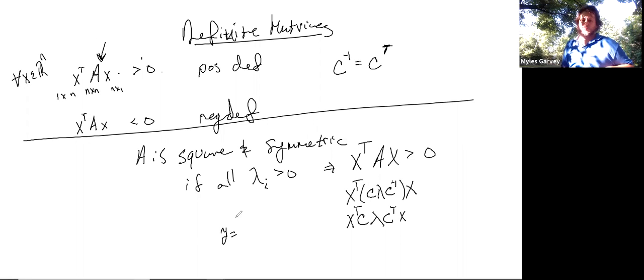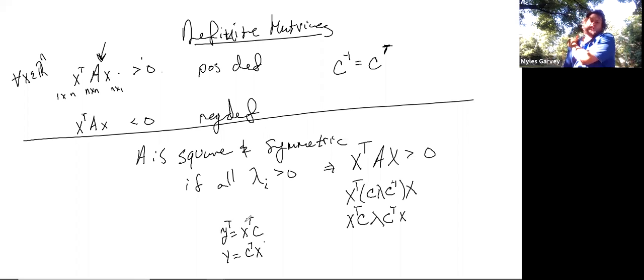If you were to say let y transpose equal x transpose C, then y must equal C transpose x, right?